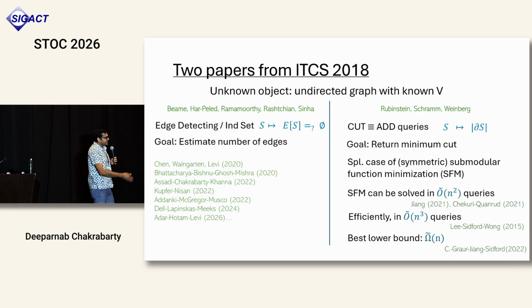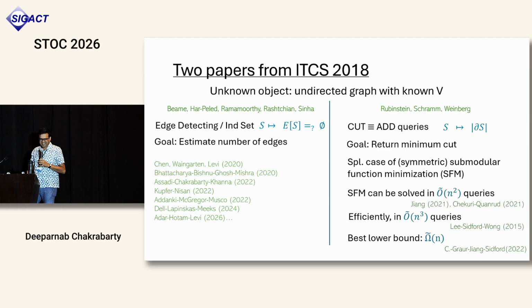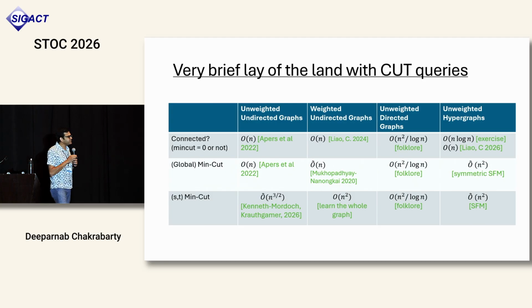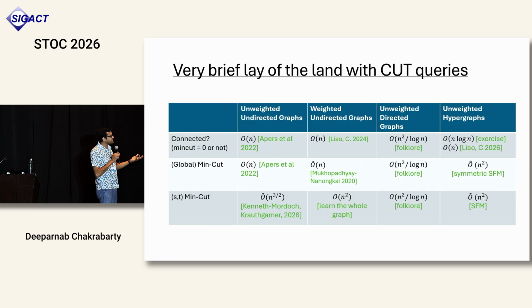So there is a gap there, and what RSW are interested in is, for graph cut, for the special case, can you actually get better than quadratic algorithms? So that's the kind of work that RSW started. And this table gives the brief lay of the land, where the answer for undirected, unweighted graphs is yes.